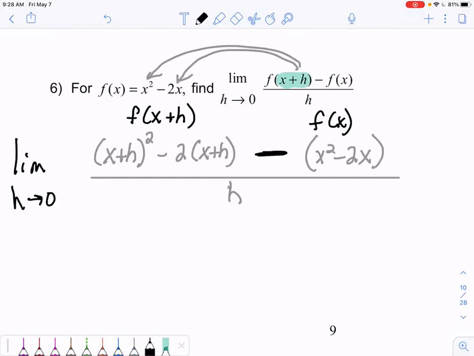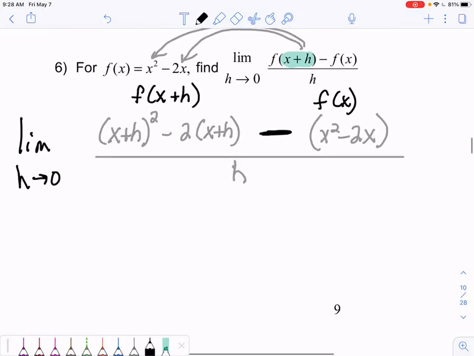So Jack, what would you do to start simplifying this really big expression? You could FOIL x plus h squared. So if I have x plus h times x plus h, what would that FOIL to become, Jack? X squared. And then keep going, Jack.